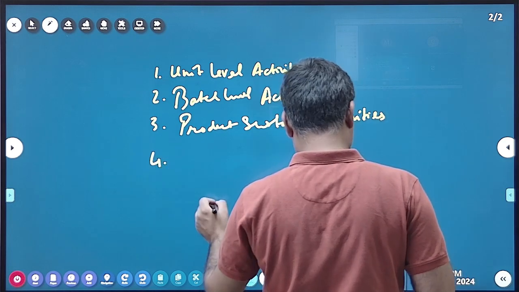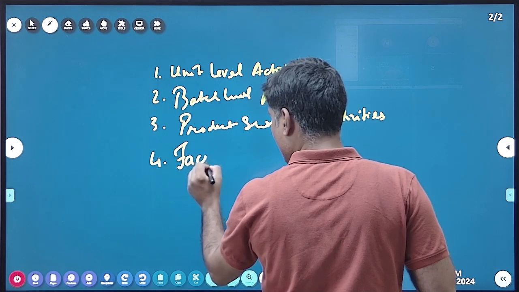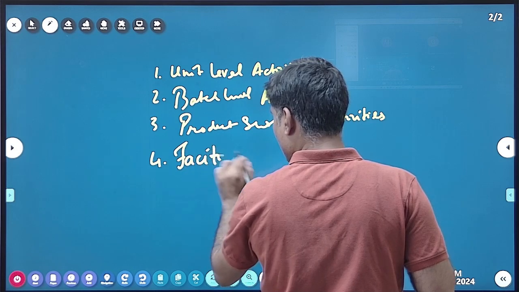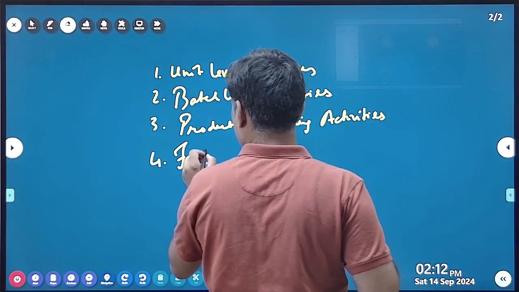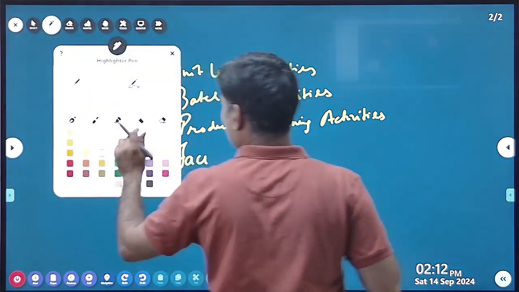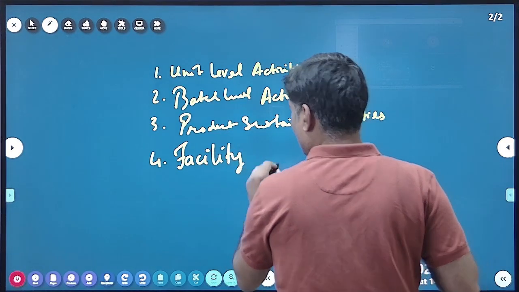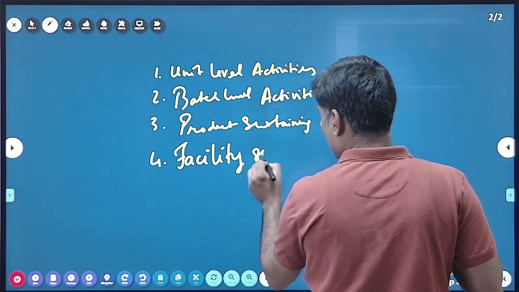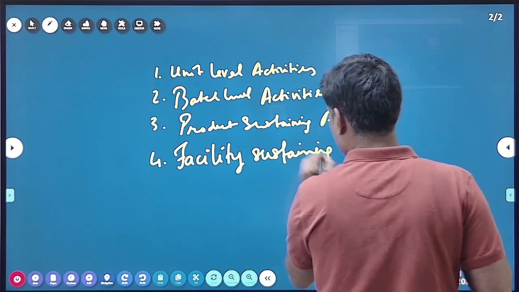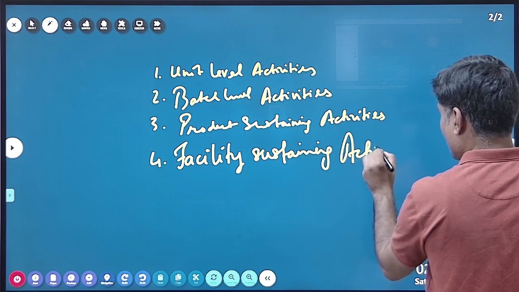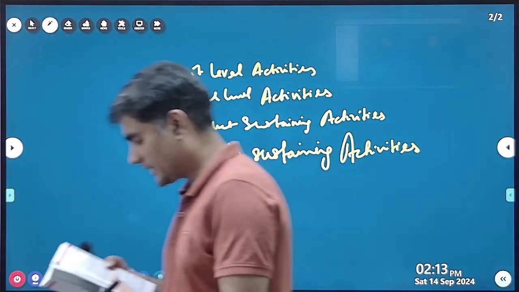Then facility sustaining activities. These are the 4 types of activities.